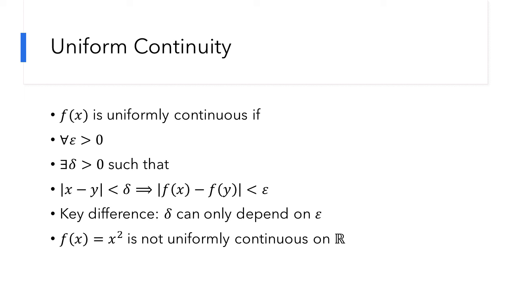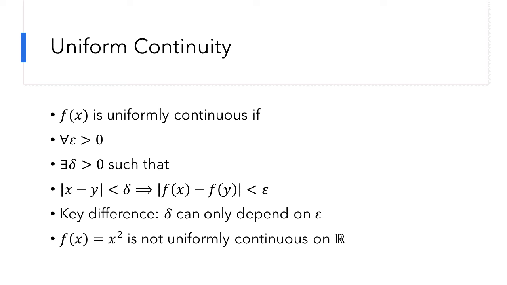Uniform continuity is a very similar concept to continuity and is defined quite similarly. We say that f of x is uniformly continuous if, for all epsilon greater than 0, there exists a delta greater than 0 such that the absolute value of x − y is less than delta implies the absolute value of f of x − f of y is less than epsilon.